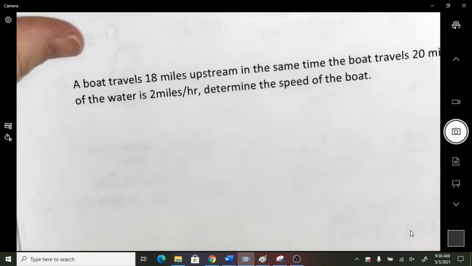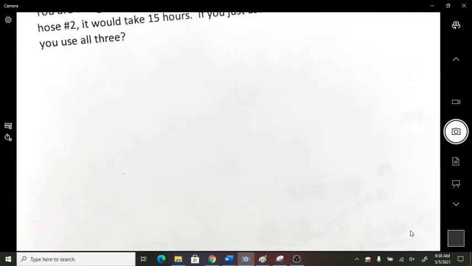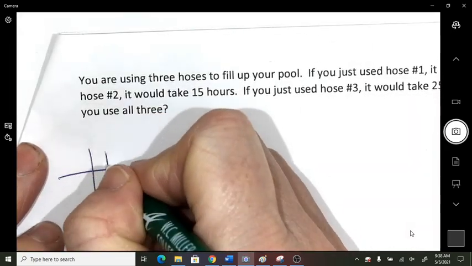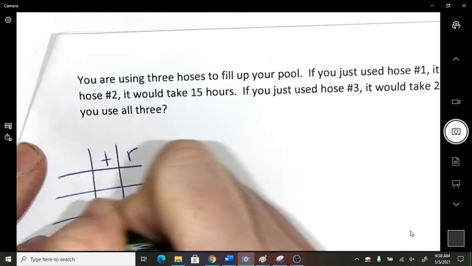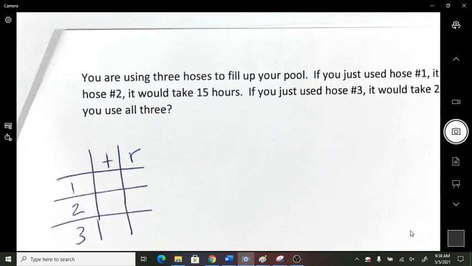Okay, so we did this pool question. So we were filling up a pool. So we were doing a time and rate on this one yet. Time and rate. We had 3 different hoses we were using.